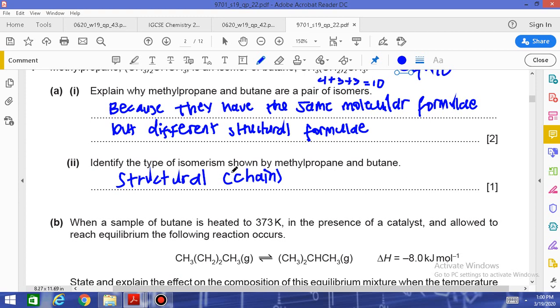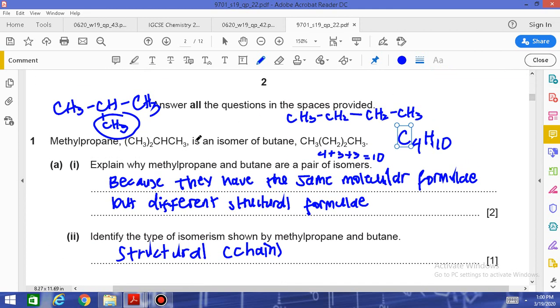Remember, there are three types of structural isomerism: chain, position, and functional group. In this case, you may answer structural or chain isomerism because they have the same molecular formula but different structure of carbon skeleton. One is straight chain and the other one is branch chain.